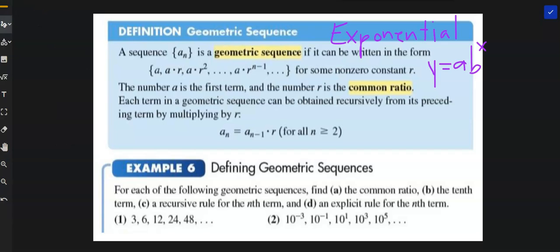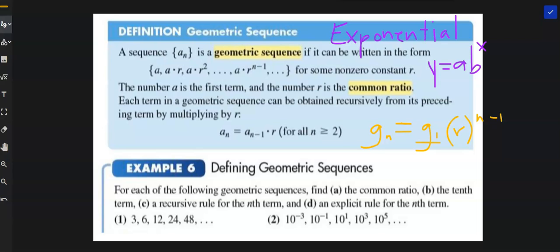For the geometrics, I'm going to use G. I know they like to use A for everything, but I'm going to use G. G of n equals the first term times the ratio to the n minus 1 power.